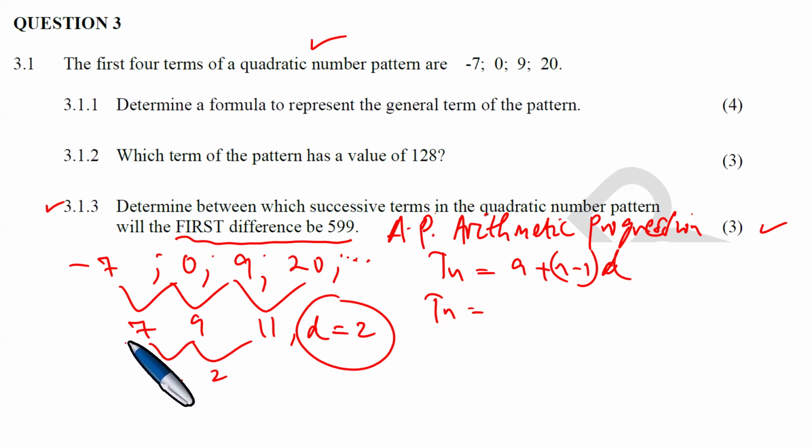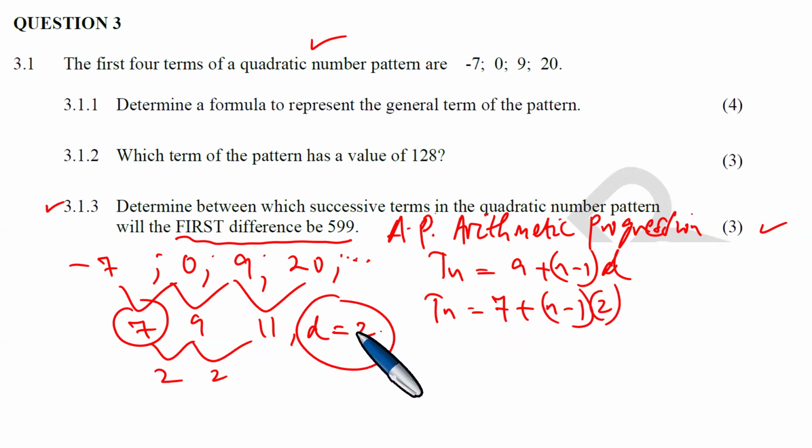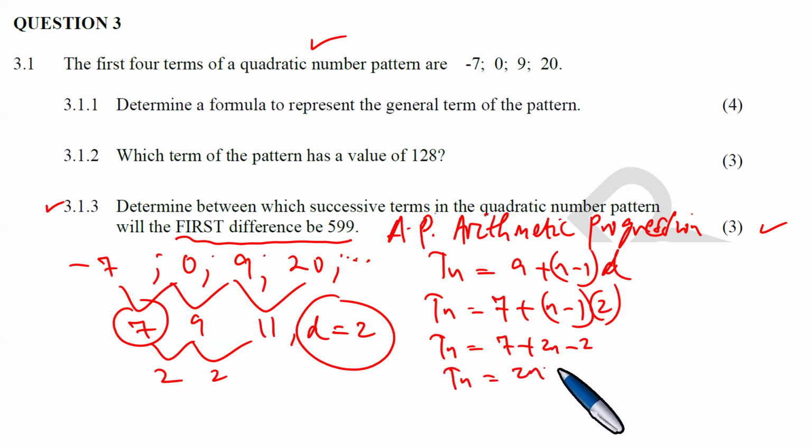Tn equals, what is the first term? We're dealing with the arithmetic progression, and therefore the first one is 7. The common difference is 2. Tn, therefore, is 7 plus 2n minus 2, and this is Tn equals 2n plus 5, like this.